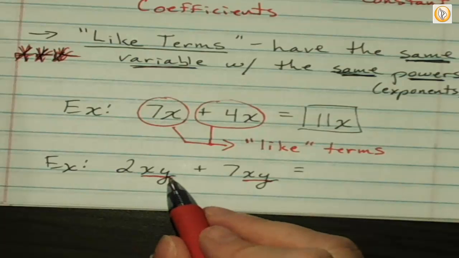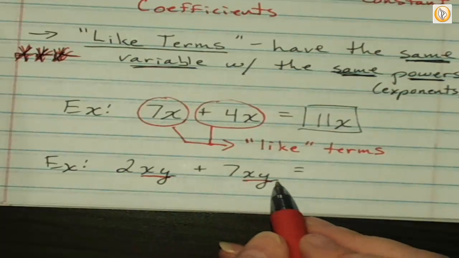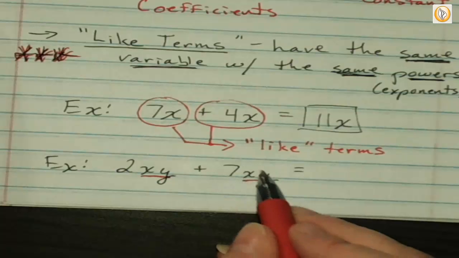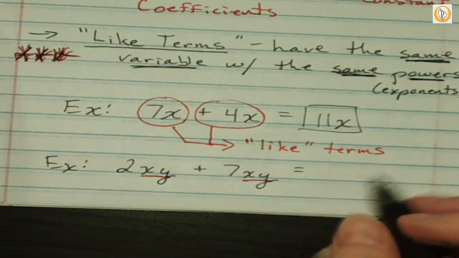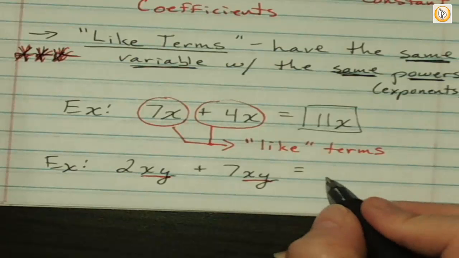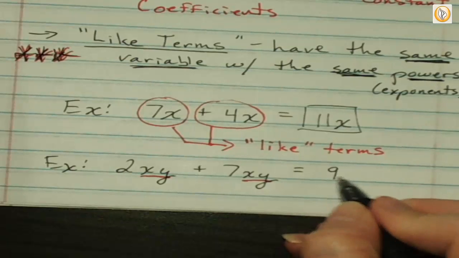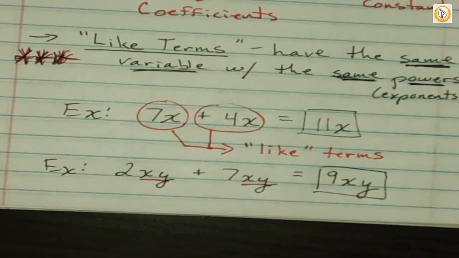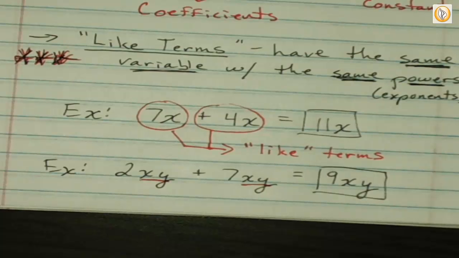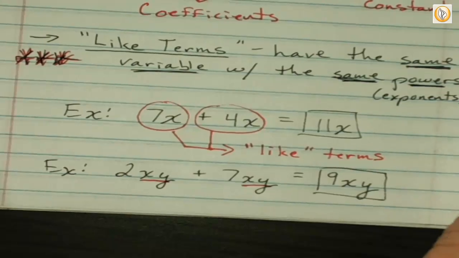It's not x squared y and x cubed y. They are exactly the same, so they can be combined. So what would 2xy plus 7xy be? 9xy. Exactly. Any questions? Everyone have it? All right.